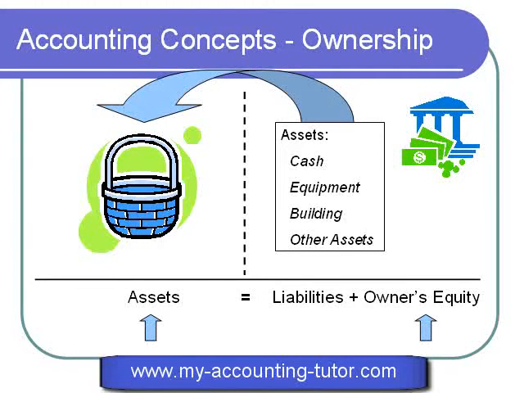Or equipment or a building might be purchased, and a portion of the purchase cost might be financed through a bank loan. In any event, assets are now going into the basket that weren't there before, and this time a creditor has made the contribution to the business, and the creditor therefore has the ownership interest in these assets.